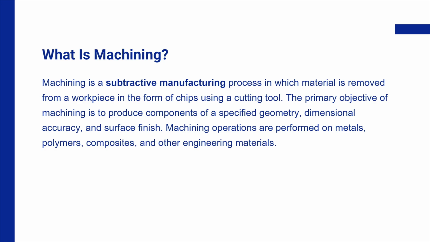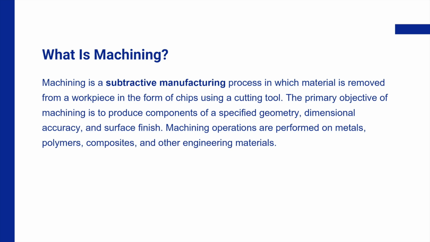In this section we will look at what machining is, why it is important, and how different machining processes are used to create engineering components. This forms the foundation for understanding how mechanical parts are fabricated in an engineering workshop.